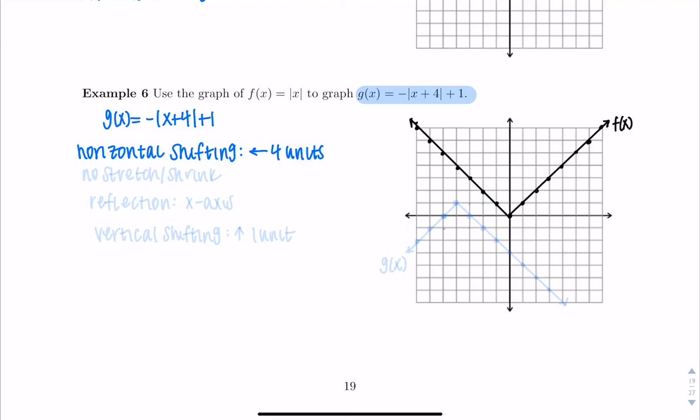So there is no stretching or shrinking going on. Then is reflection. So because the negative is on the outside of the whole function, it's about the x-axis. And then vertical shifting. We're going to move up 1 unit.